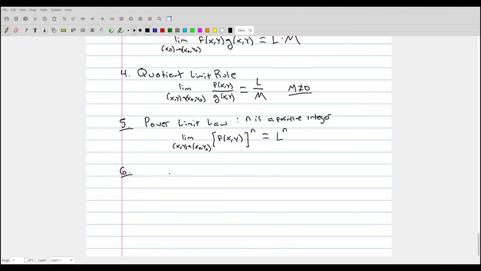And similarly, the root limit law is the exact same statement, only for the nth root.